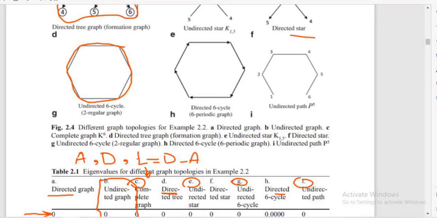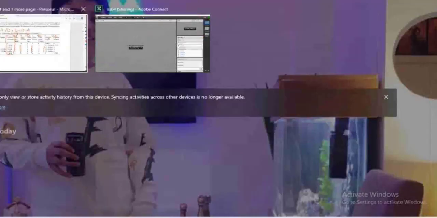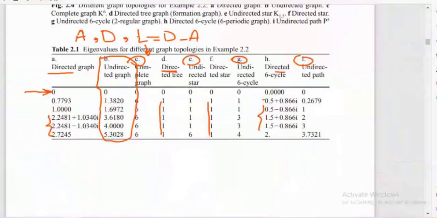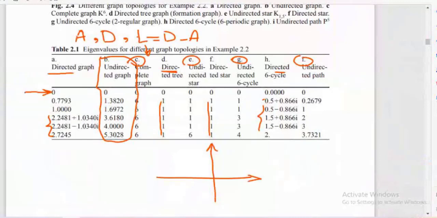We start from here and come back to these nodes. And this means that, in the imaginary plane, only the non-zero eigenvalues of the system can be on the circle. Okay.